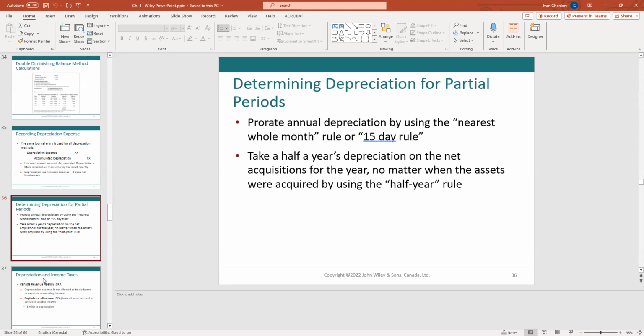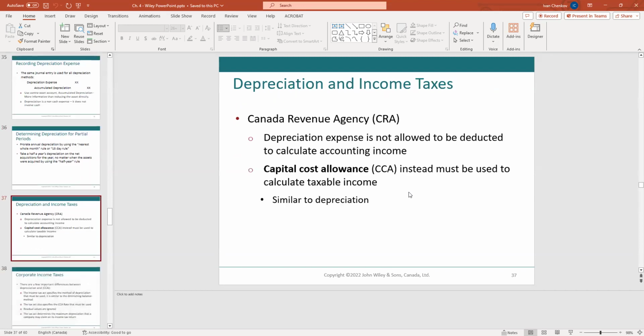The other option is, assuming that you buy it on the 15th or on the 26th, you're going to have either a half month or a full month. There's a half-year rule for tax purposes.